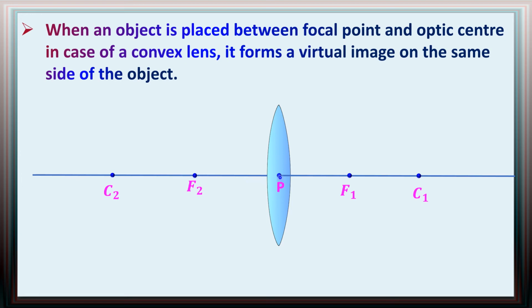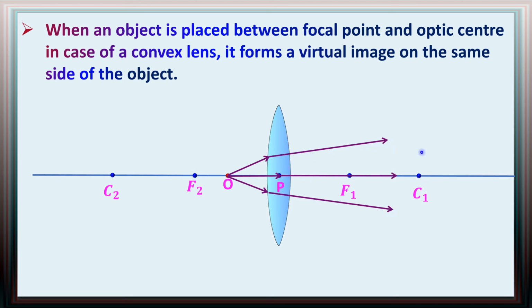When the object is placed between the focal point and the optic center, its image will be formed on the same side. Here O is the point object. These are the incident rays. After refraction, they will pass like this.